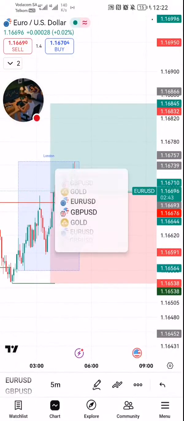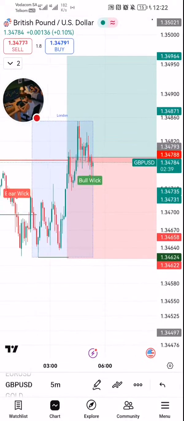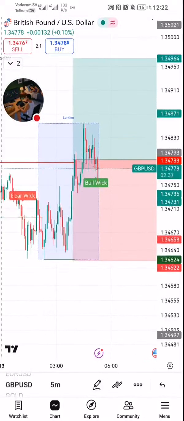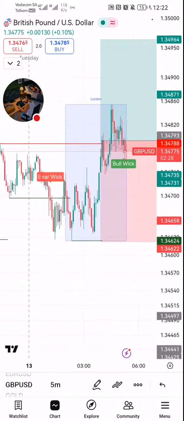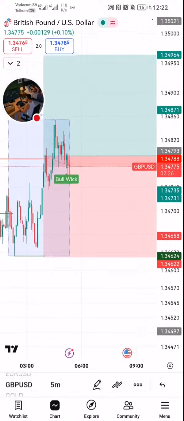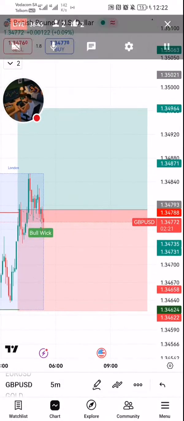It's almost similar to GBPUSD. Like I said, you see, it did go up, break out. Now it's resisting there around entry. So it's almost the same thing. We're just gonna hold still, focus, and see what the market has for us today.